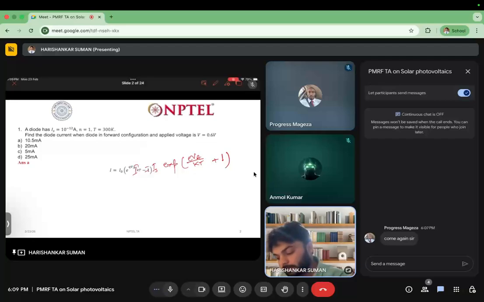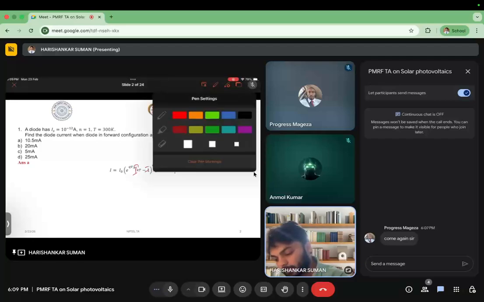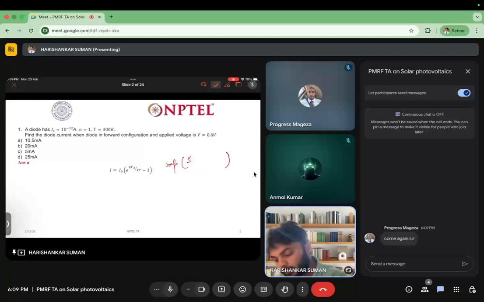Let me wait 1 minute. Here is the equation, I equal to I naught. I naught is the saturation current, sometimes we call it I naught or IS. It's 10 to the power minus 12 ampere and n is given.